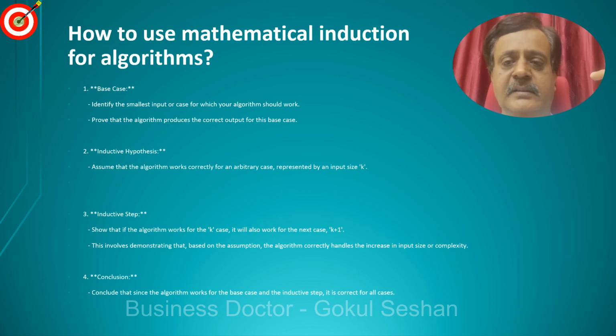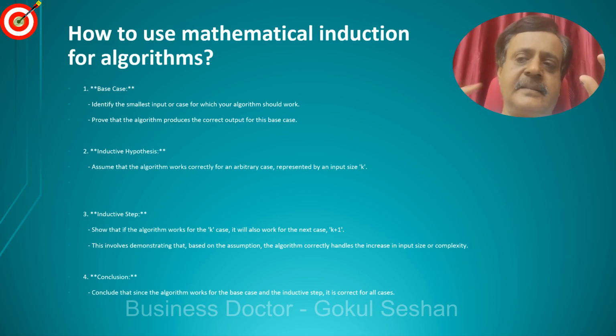And the third one is the induction step. There it has to work on n plus 1, or usually mathematical induction is represented mathematically as k. So it has to work in the k plus 1th scenario also. The point here is that it has to work under these three conditions always.